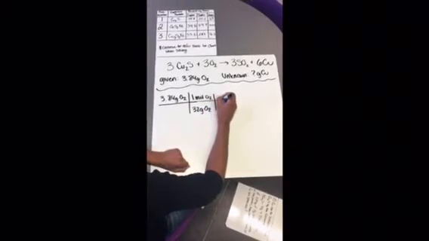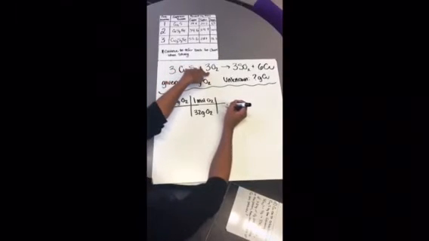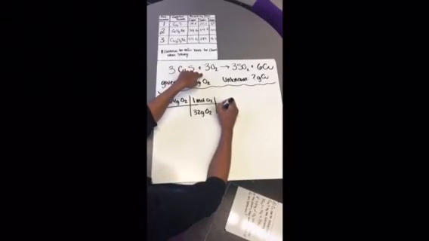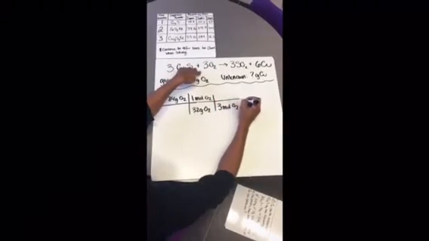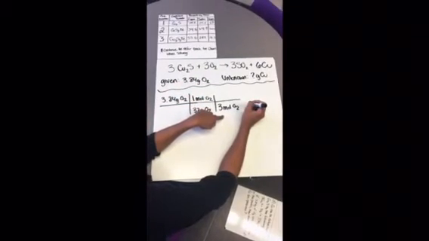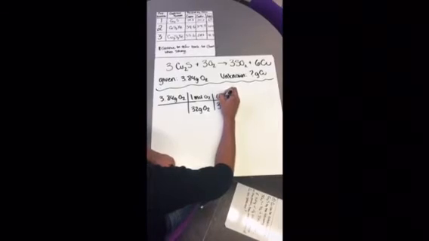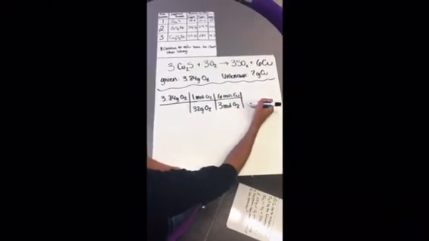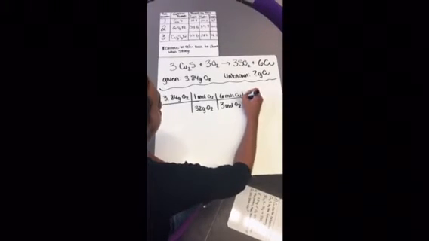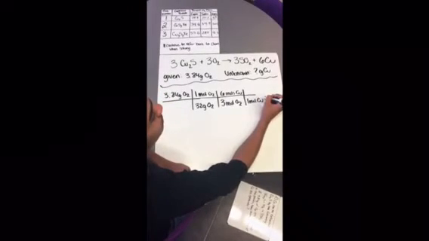And then if we look up at this equation up here, 3 moles of O2 equals 6 moles of Cu. And then we're just going to find the grams of Cu. So 1 mole of Cu is how many grams?